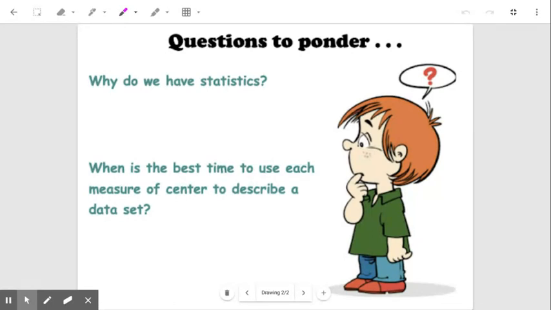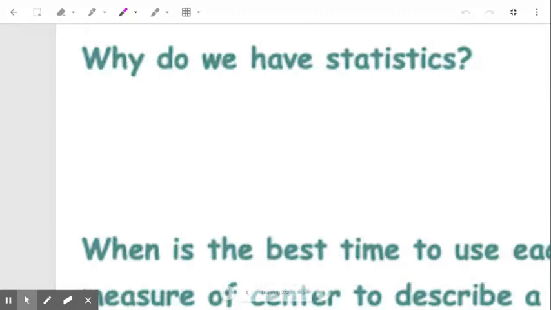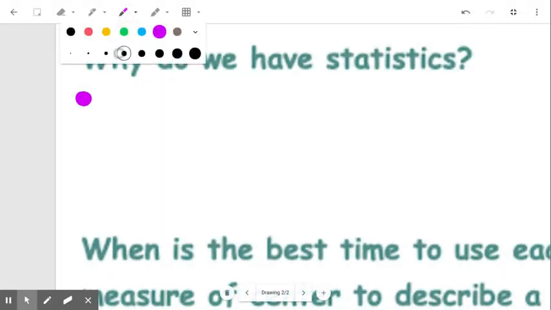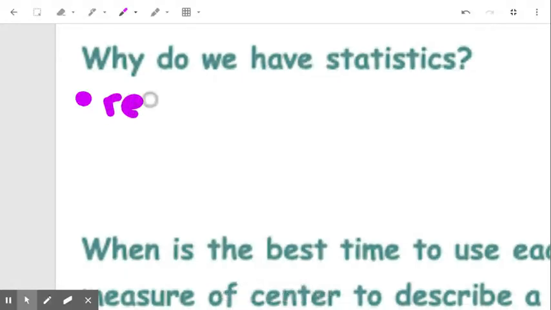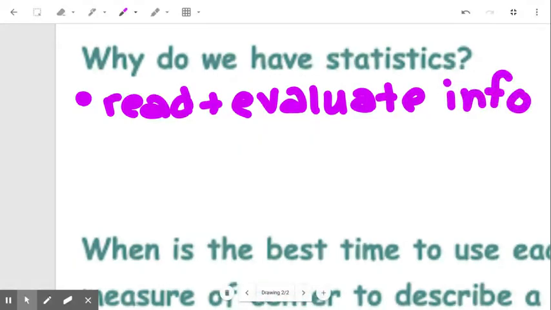The biggest thing that we need you to do is to think about how you can use statistics in your daily life. So one reason you need to understand statistics is you need to be able to read and evaluate info, things that you're reading in the newspaper or looking up online to help you decide what you want to buy.